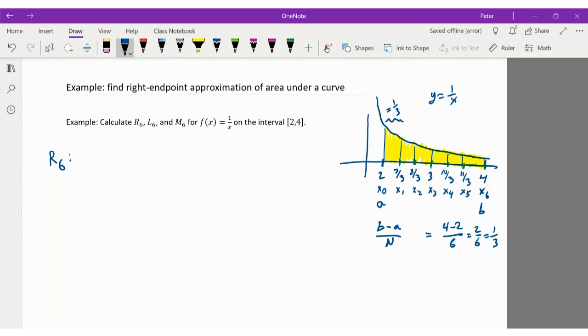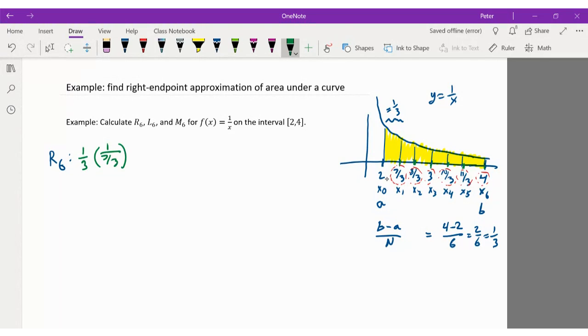Okay, got it. So in order to calculate R6, keep in mind that what we're focusing on are these 6 points that give us the height of the rectangle, the right endpoints of the interval. So for R6, we're going to have 1/3 times 1 over 7/3.